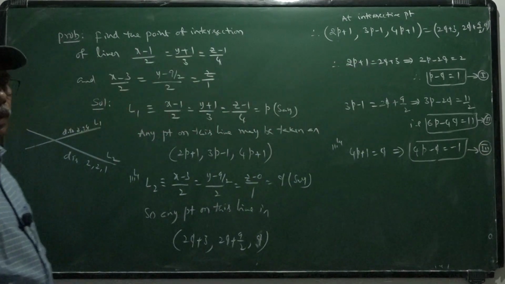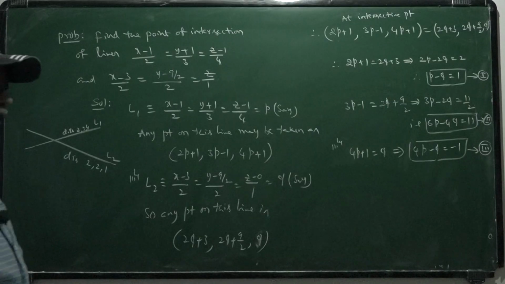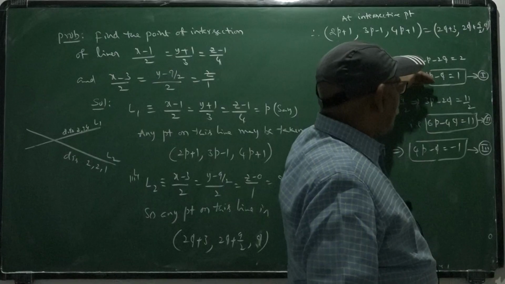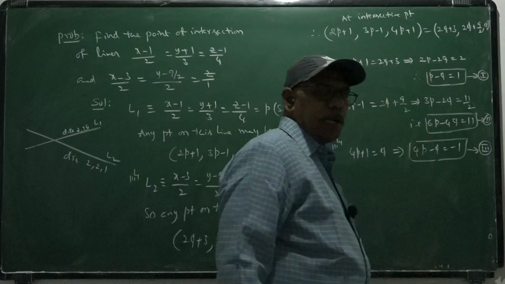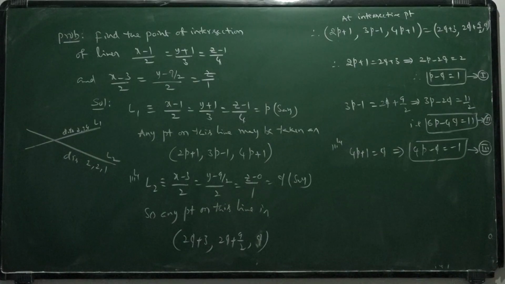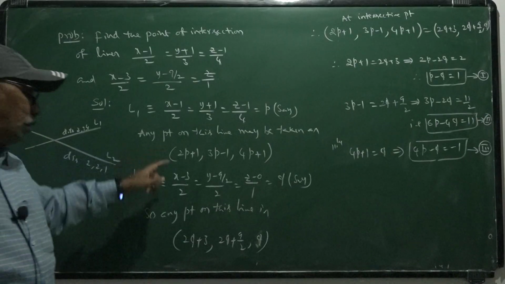Once we have unique values of p and q satisfying these three relations, we get the corresponding intersecting point, either for the p value or for the q value.